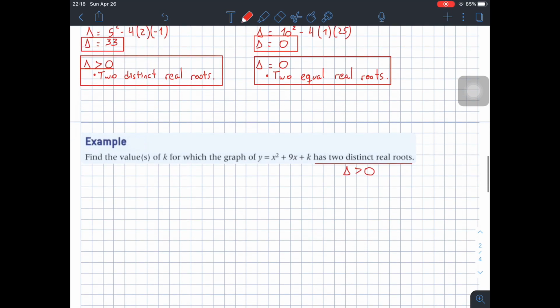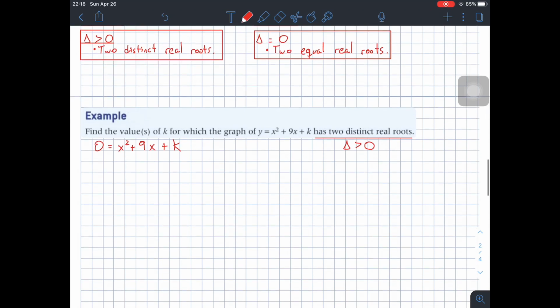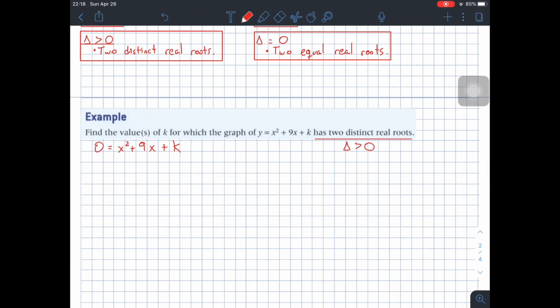Okay, so my equation would be 0 equals x squared plus 9x plus k. Remember, we're setting this to 0 in order to find the roots or x-intercept of the quadratic function. Okay, so if we want to have a discriminant greater than 0, we need to identify a, which would be 1, b, which is 9, and c is k, right?